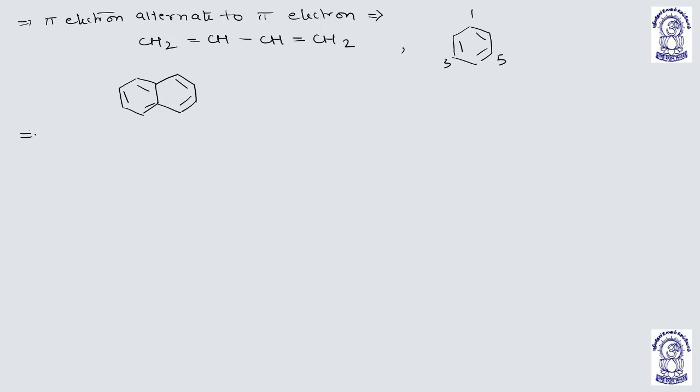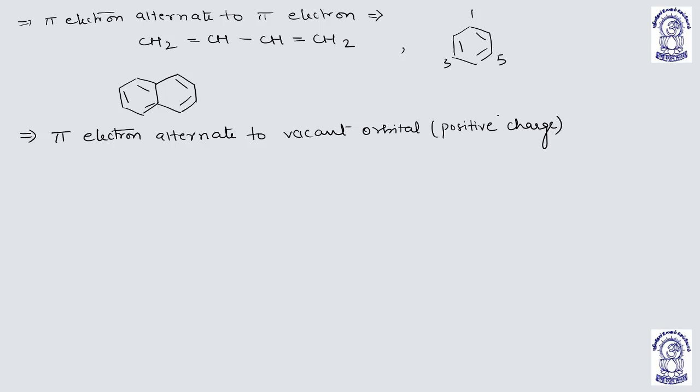Now next is pi electron alternate to a vacant orbital having positive charge. Like for example, this one.